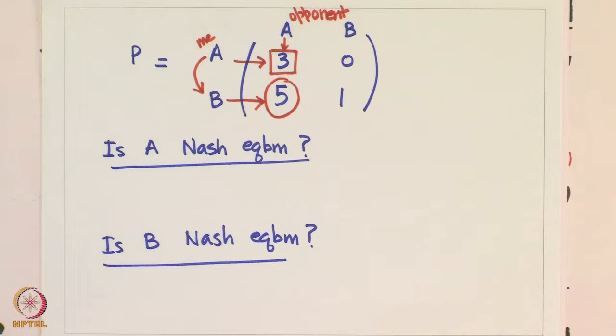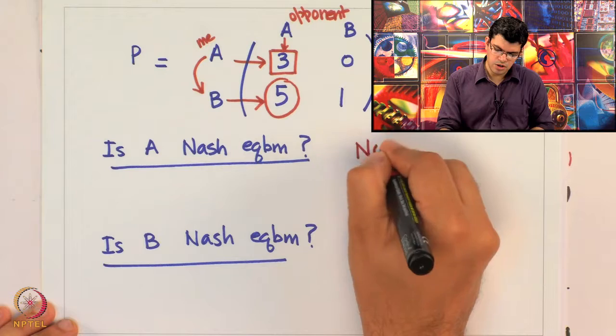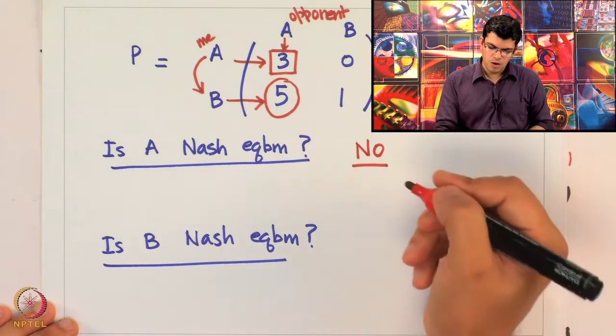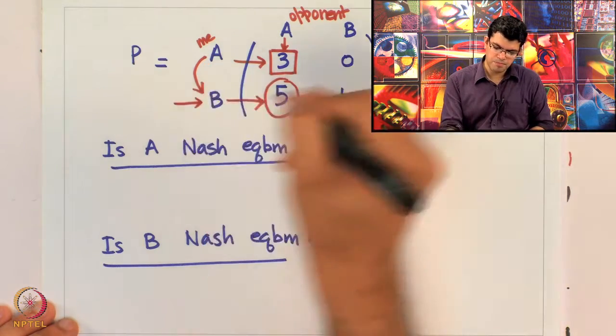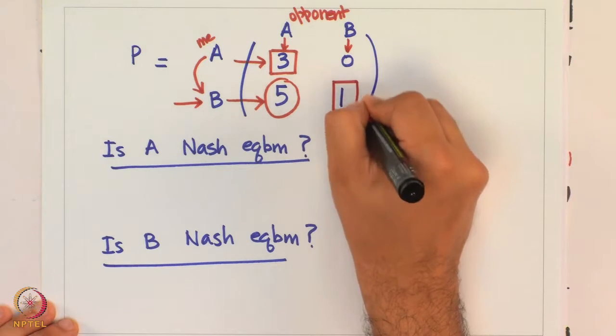Nash equilibrium says that if you can increase your payoff by switching, then that particular strategy is not a Nash equilibrium, hence A is not a Nash equilibrium. On the other hand, if both the agents are playing strategy B, this is their payoff, 1.